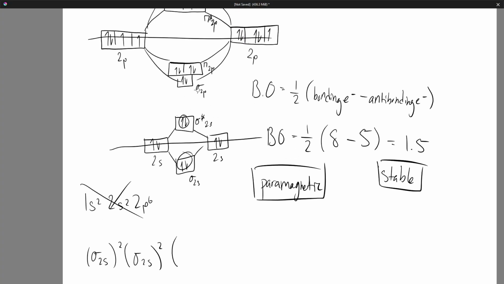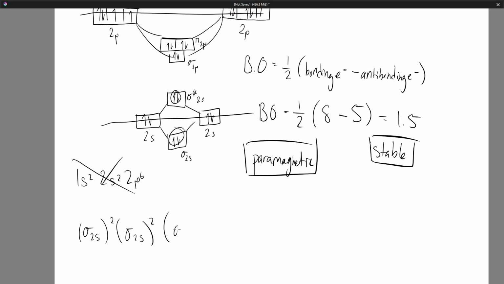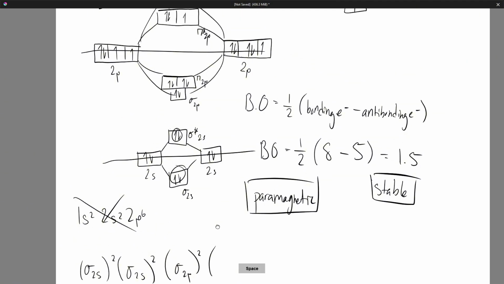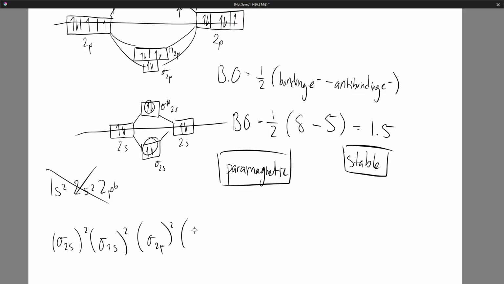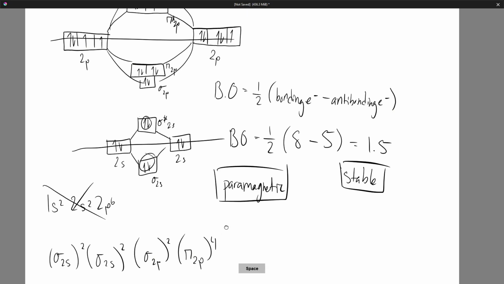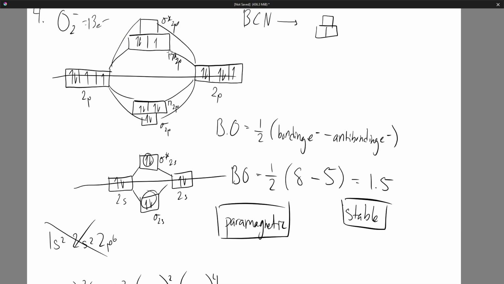Now we go up to the sigma 2p. Same deal there, it's 2 electrons. For the pi 2p, there's 4 electrons, so we do it as such, 4, and you just do it so on and so forth.